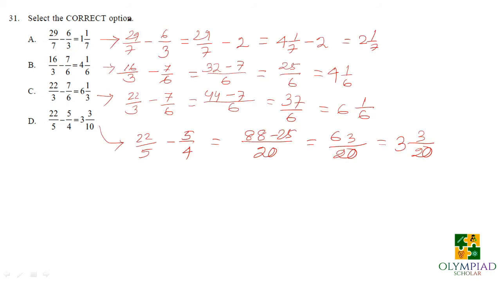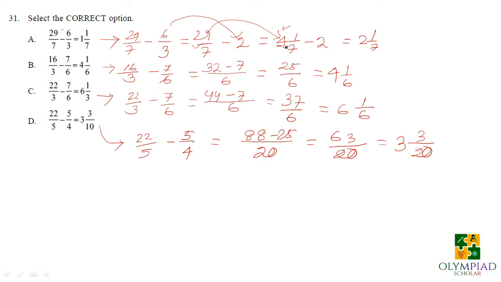Here I have done the solution for you. 6 upon 3 is 2, and 29 upon 7, what I have done is converted this to a mixed fraction to subtract it easily.